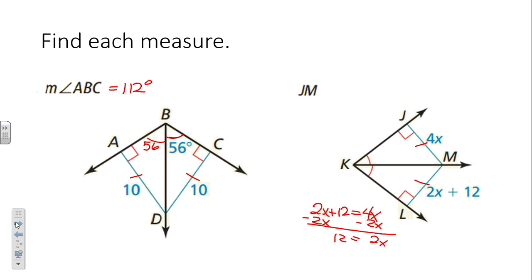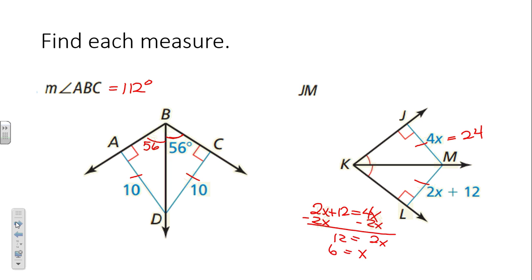And then what? Divide by 2. Now that we know that x is 6, have we answered our question? No. So we're back to having to plug it back in. The distance between J and M is going to be 24. Yep. The other one would also be 24.